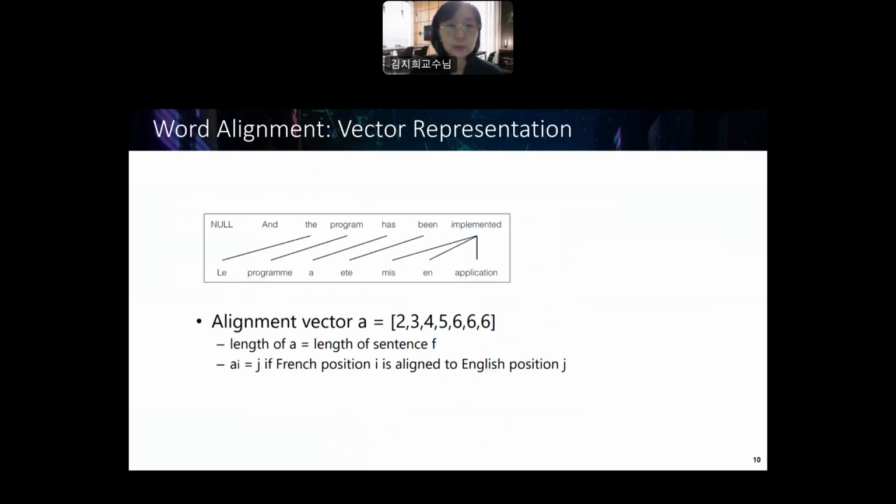And if we represent the alignment as a vector, here is one way.